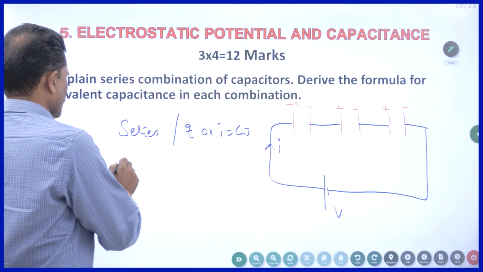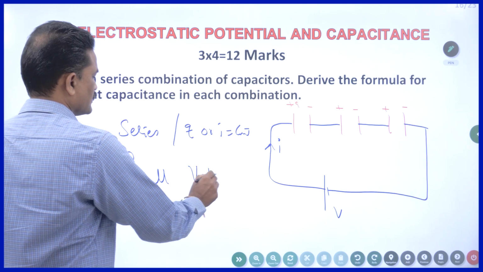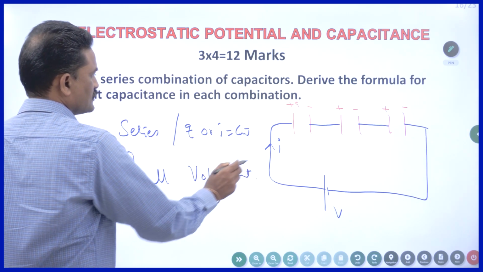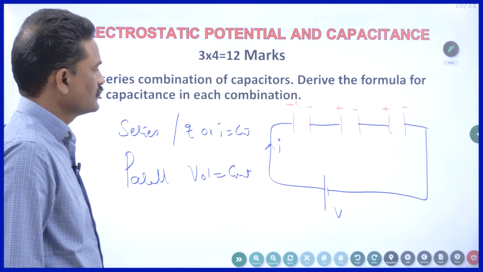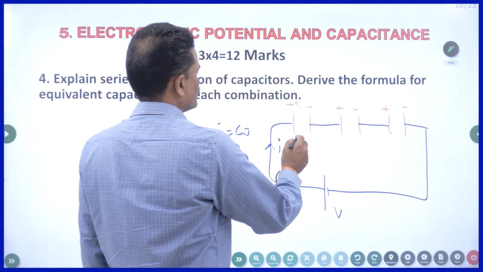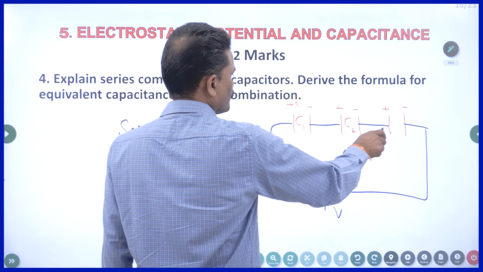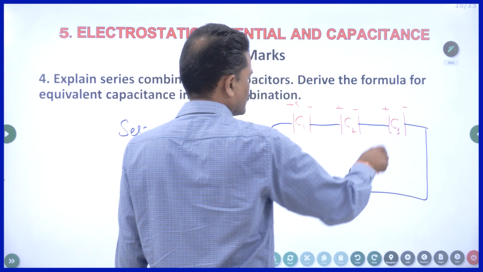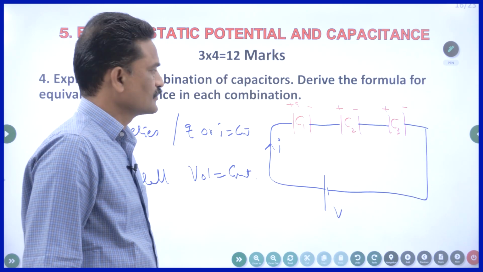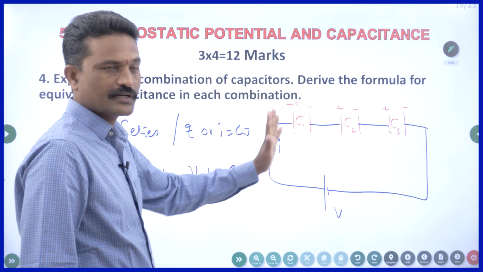In parallel combination, voltage is constant. If you remember this, you can do this in a simple way. So, current is the same. This is the first capacitor, capacitance C1, second capacitor, third capacitor. I am taking three. The voltage is not the same in the series combination, but current is the same.